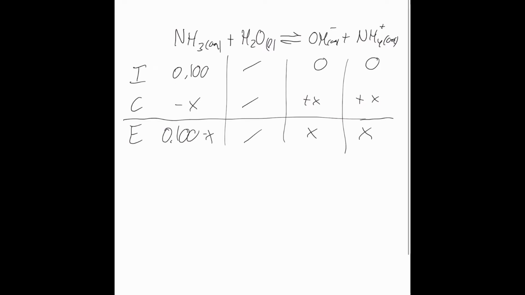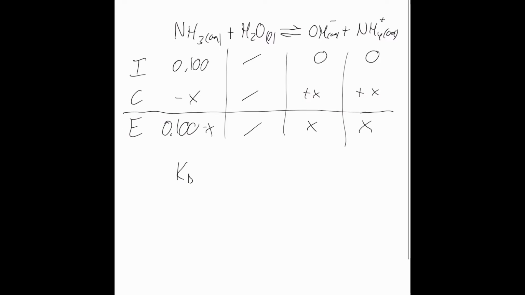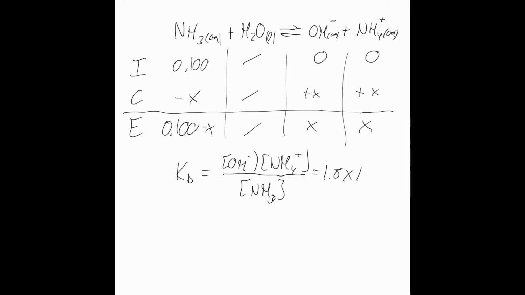So then our Kb is equal to, like we wrote on the previous slide, NH4 plus times OH minus over NH3, and that's equal to 1.8 times 10 to the minus 5.